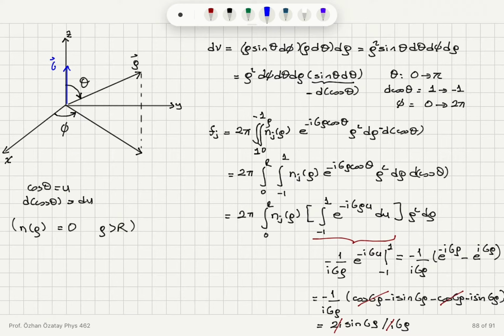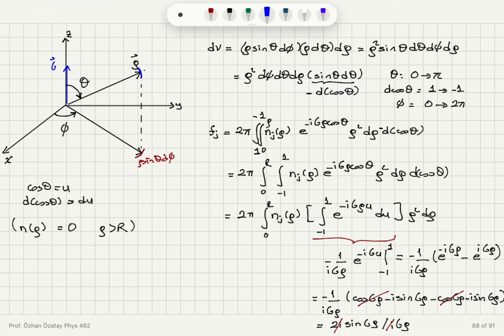So what is the volume element in spherical coordinates? Well, if you look at the projection of the rho vector onto the xy plane, you will get rho sine theta. So rho sine theta, and if we multiply this with the angle d phi, this will give us the arc length rho sine theta d phi. And on the other hand, if we vary the angle theta, we would have rho d theta.